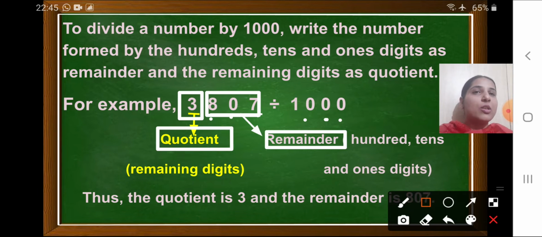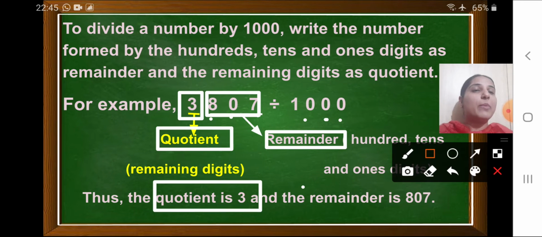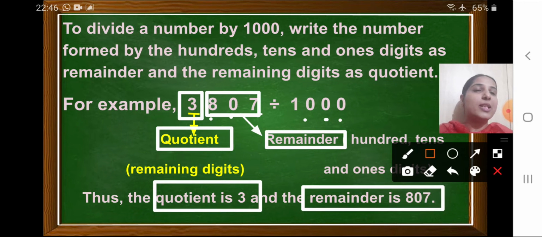So to divide a number by 1000, what do we do? We just write the number formed by the hundreds, tens and ones digits as remainder and the remaining digits are considered as quotient. So in this case our quotient is 3 and the remainder is 807. Just count the number of zeros followed by 1. After 1, how many zeros are there?